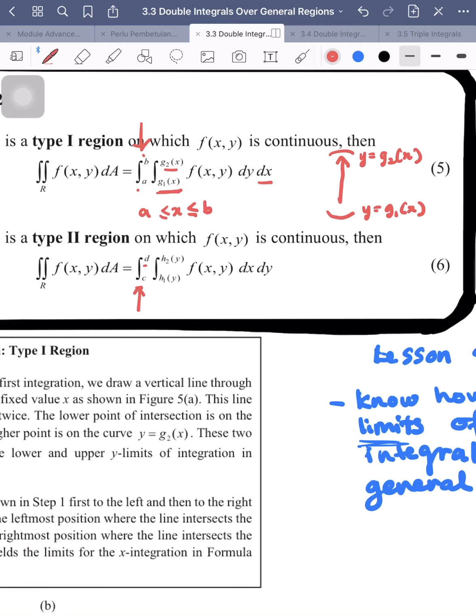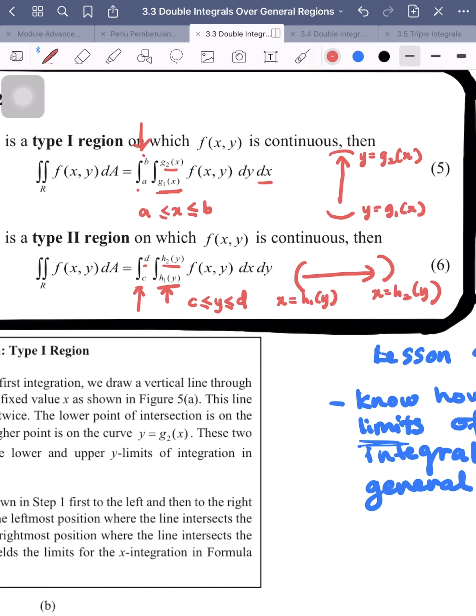For dx dy, you look from the left to the right. So the line at the left becomes your lower limit, and the equation would be x equal to h1(y), a function of y, and the line at the right becomes the upper limit, which is x equal to h2(y), a function of y, and the outside limit is y between c and d.